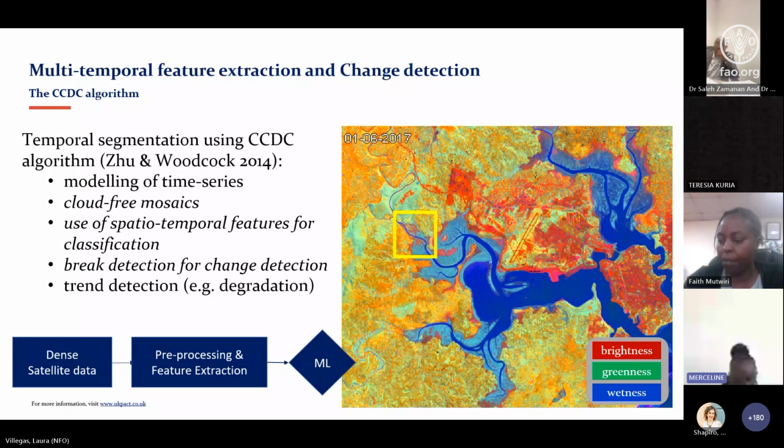That's why we opted for the tasseled cap method, so that we are able to differentiate the spectral signatures of the mangroves and the coastal forest. Shown on the screen is how we did our classification for the mangrove areas, and then for the other categories as well as water.